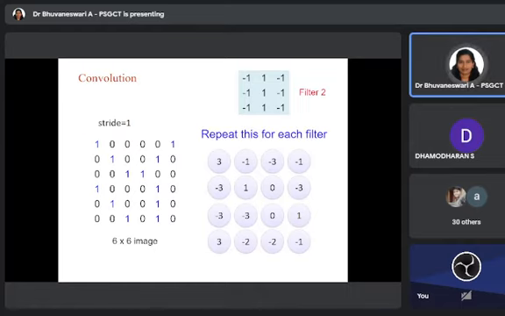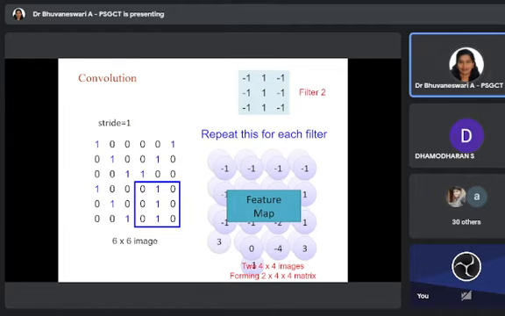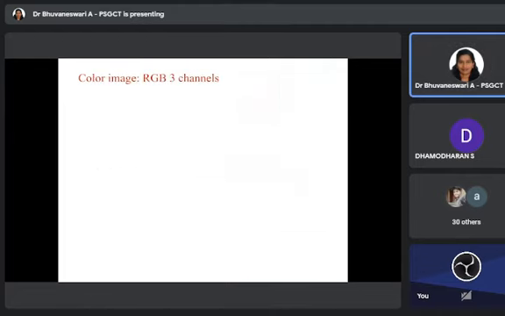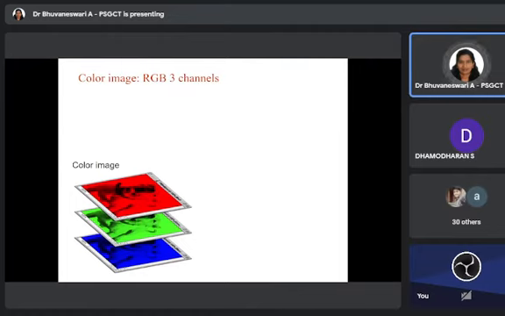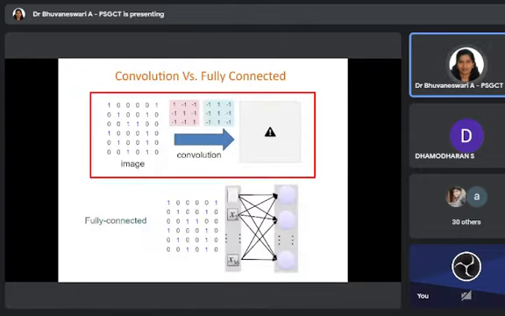Repeat this for each filter. You will get the next level of prediction. This is what we call feature mapping. And you can apply the color channels if you want to, if it is a color image, to the filters, and then you apply the convolution to get an approximate pattern.